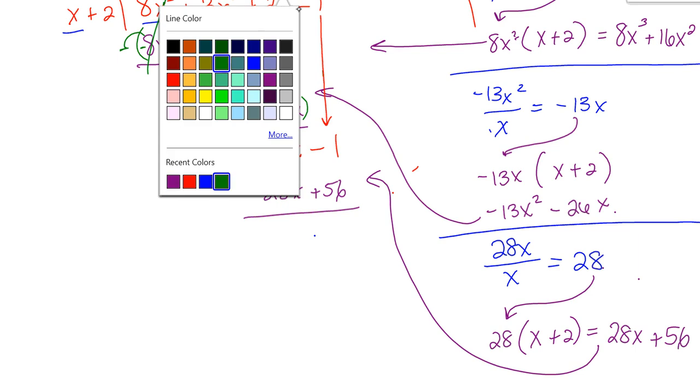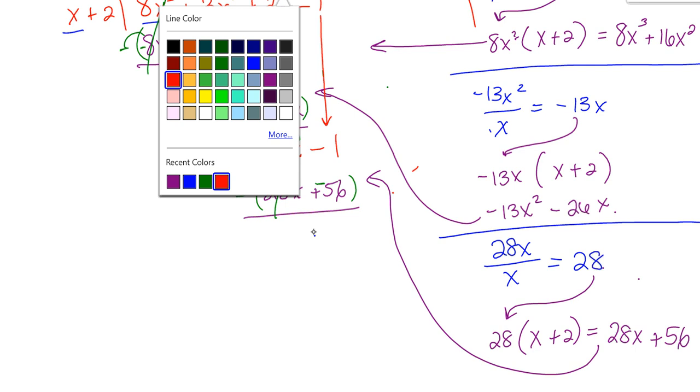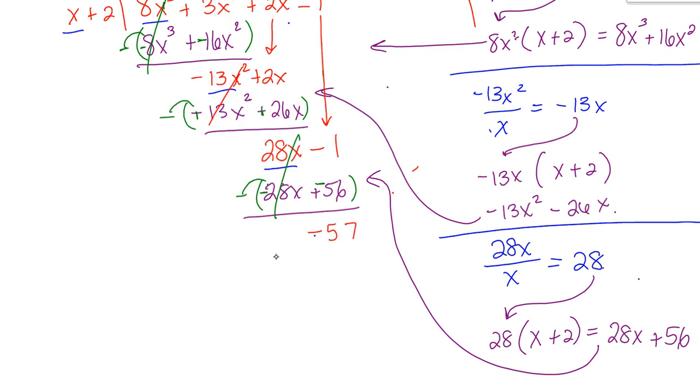Then we subtract, remembering that subtracting changes the signs on both. Those cancel, and you're left with negative 57. That is our remainder.